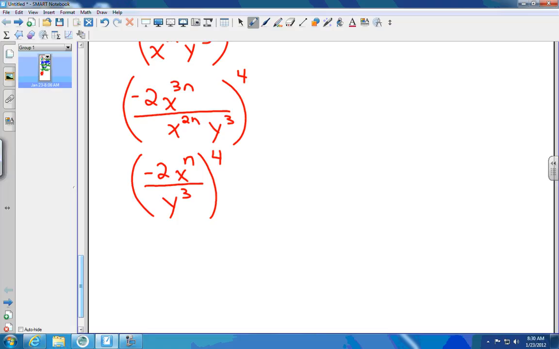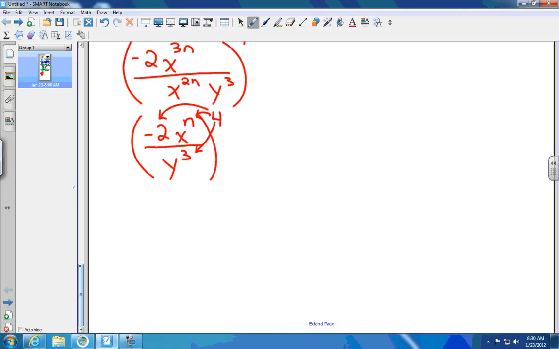And this is your other rule that you have to remember. Everything in here gets taken to the fourth power. So -2 to the fourth. We already did that. What was it? 16. Then we have x to the n raised to the fourth. What do you do with those exponents? Or what's that an example of? What rule?